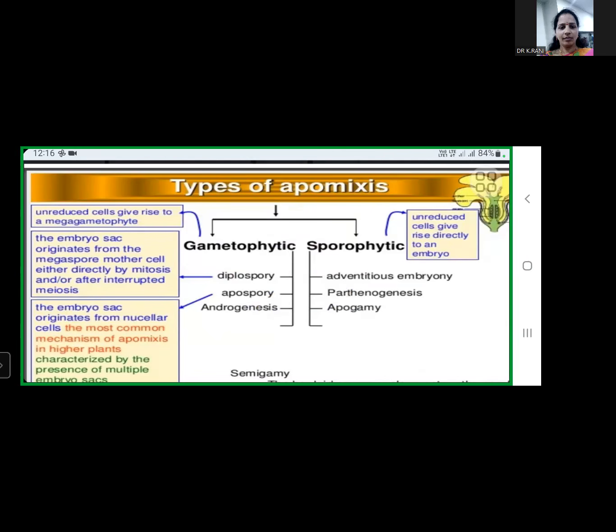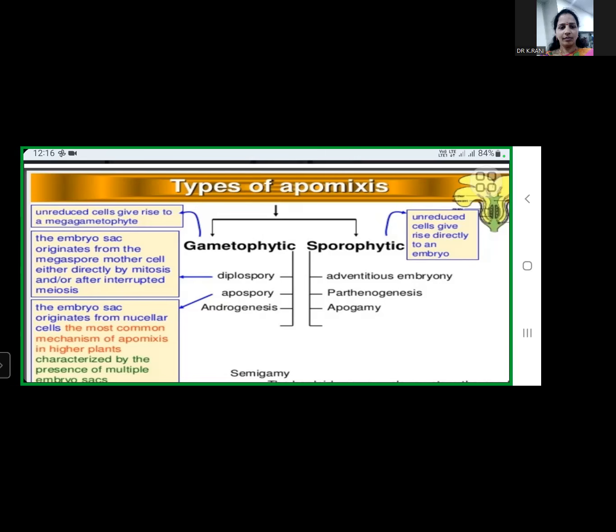In sporophytic apomixis, unreduced cells give rise directly to an embryo. In gametophytic apomixis, unreduced cells give rise to a megagametophyte. The embryo sac originates from the megaspore mother cell.